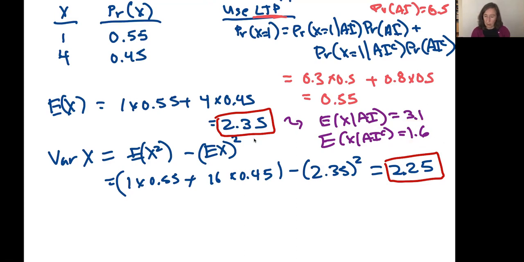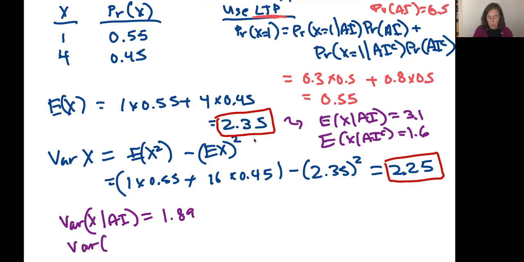And comparing the unconditional variance right here to the conditional variances. What did we have here? The variance conditional on there being anti-incumbent sentiment was 1.89, and the variance conditional on there being no anti-incumbent sentiment was 1.44.